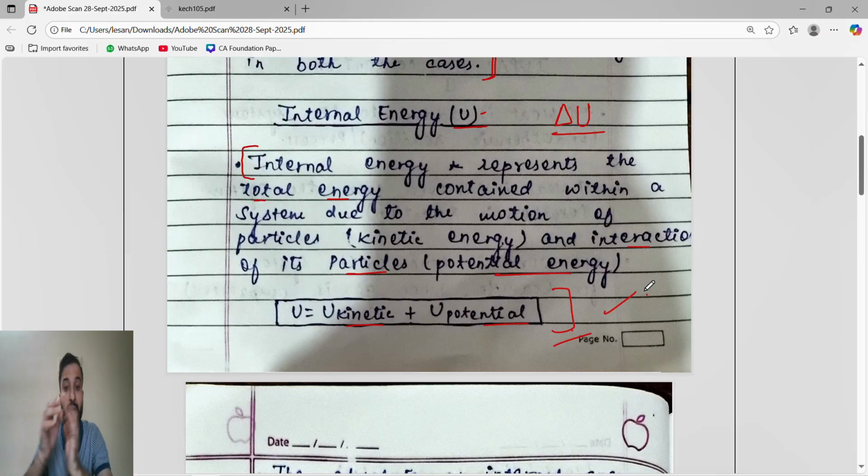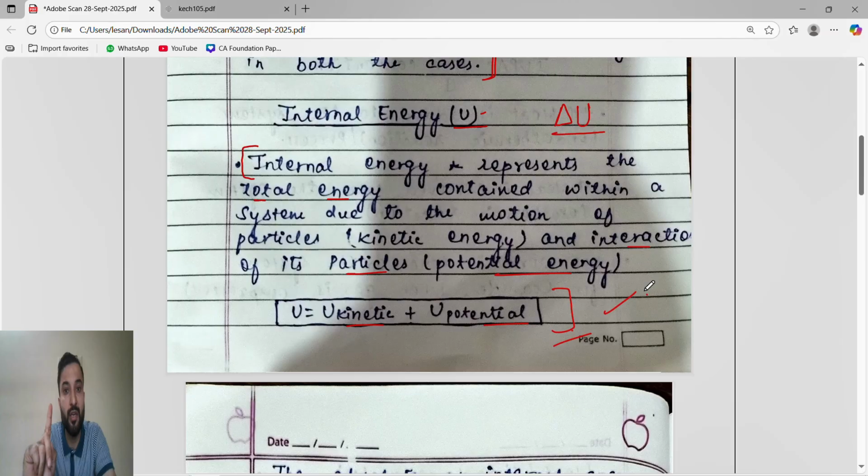Okay, understand one thing guys, which is very important. Motion of particles. See, inside this system we will take either liquid or gas. We know the force of interaction between the liquid and gas particles is weak. So that's why the particles of liquid will move and the particles of gas will also move.